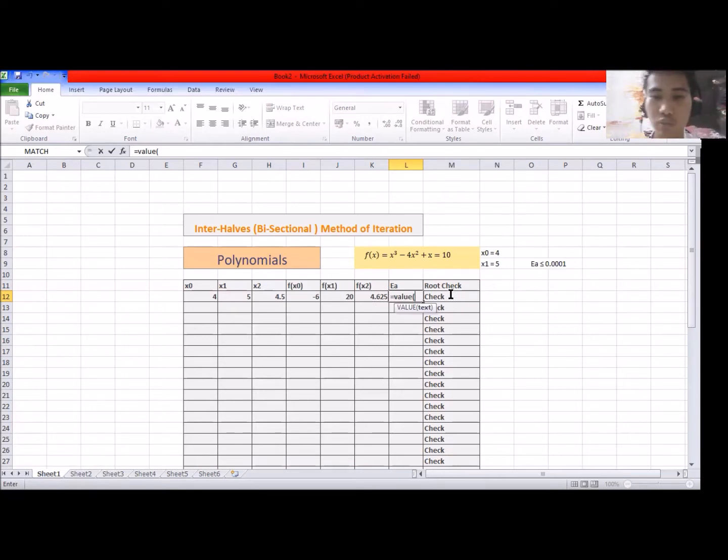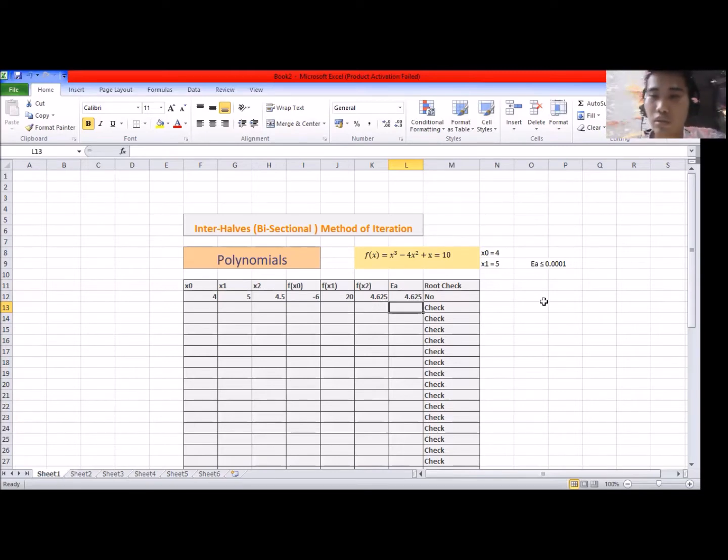Then absolute, because we need to get the absolute value of the function of x2. Then equals, that's the estimated root.